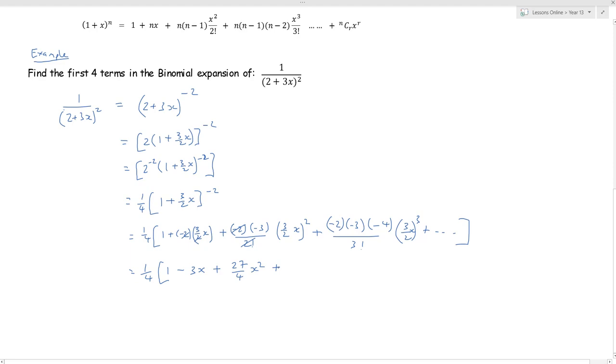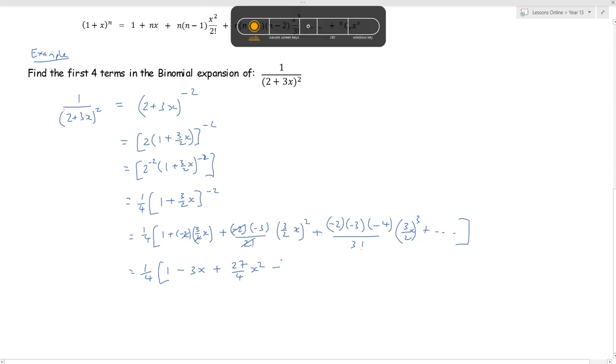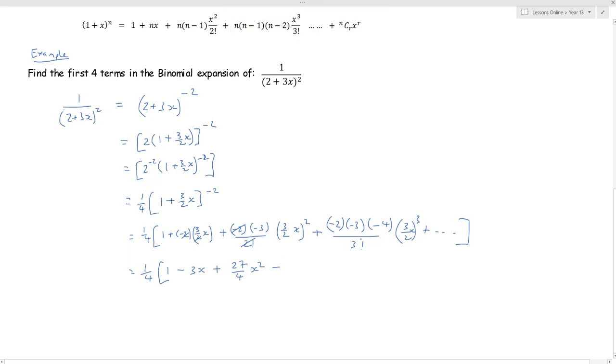got 3 negatives, so it's not going to be a plus, it's going to be a minus. 2 times 3 will cancel with the 3 factorial down there. That leaves me with 3 times 3 times 3, 27 times 4. I'll tell you what, let's work it out over here.